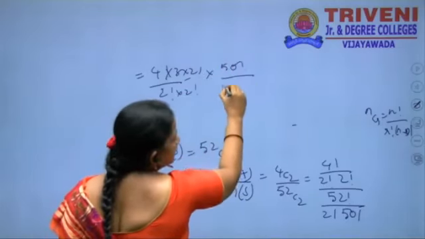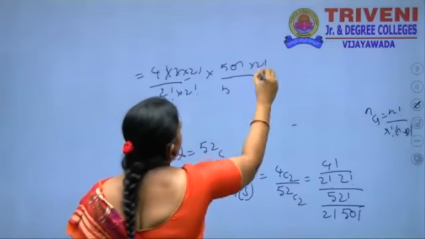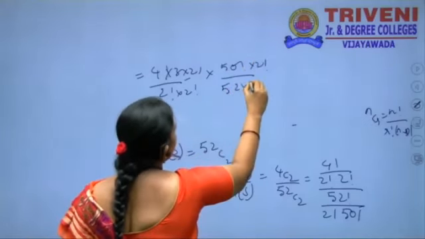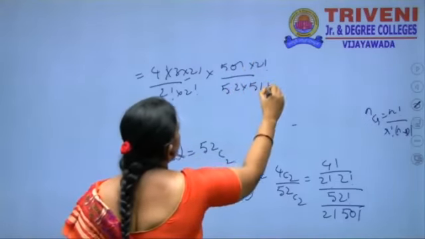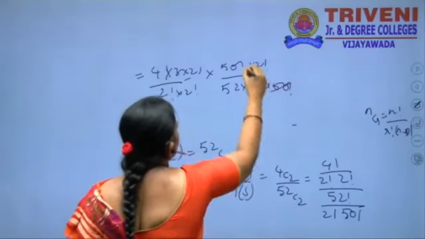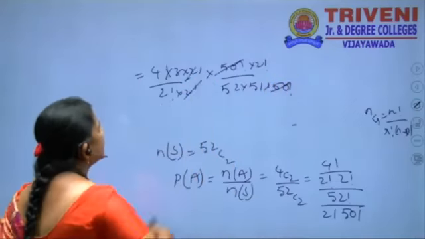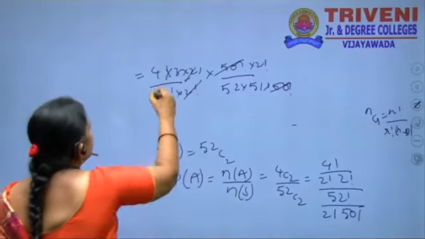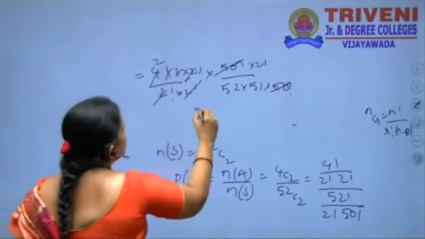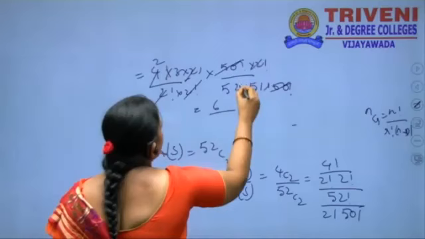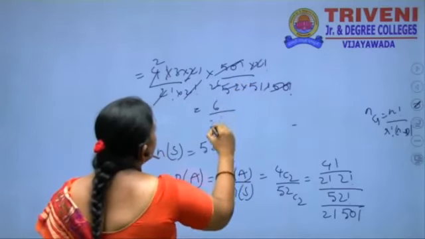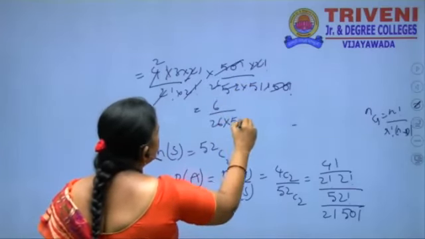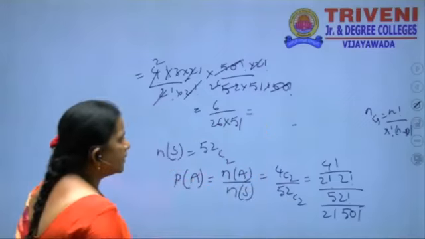The 50 factorial and 2 factorial get cancelled. Here the 2 cancels, leaving 26 times 26 into 51. Then you can get the answer.